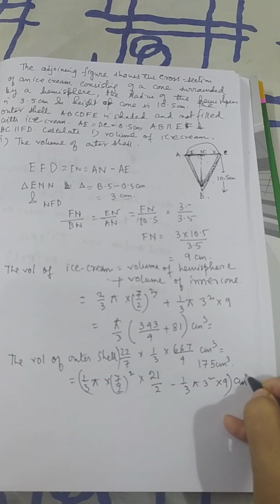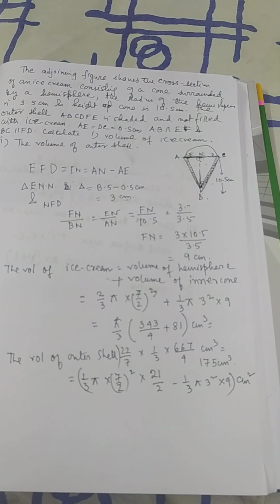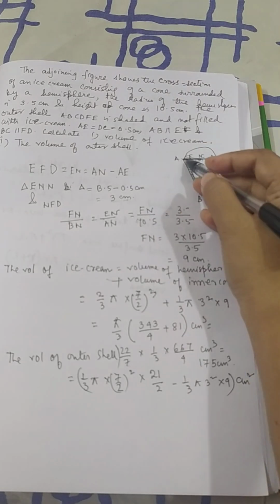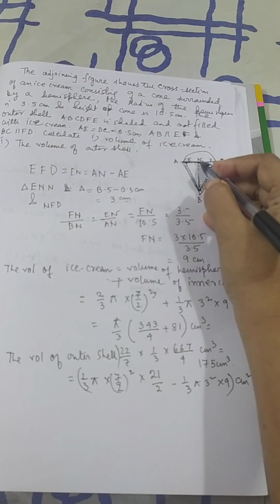How have we found this? Volume of the outer cone minus volume of the inner cone. Outer cone where the radius is 3.5, inner cone where the radius is 3.